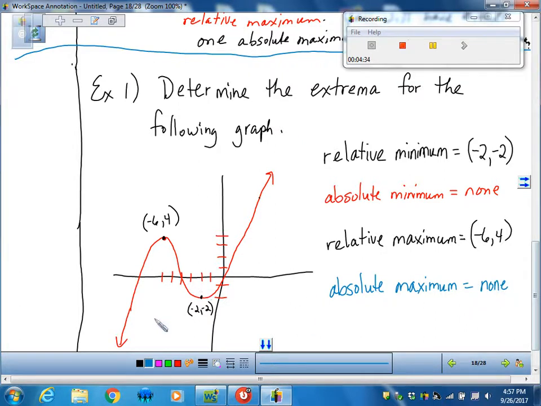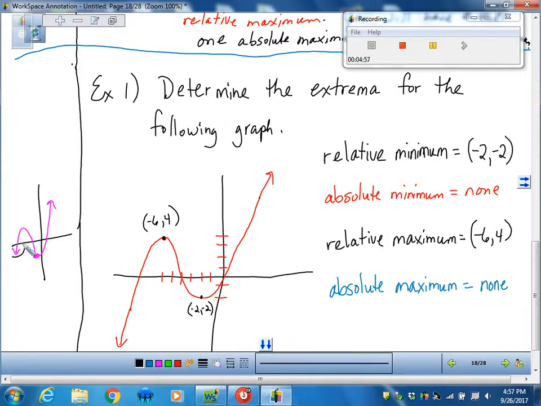Now, one word of caution. Occasionally, you'll have a graph drawn like this, where you might have a point that appears to be lower. This point down here appears to be lower, but see that little arrow right there?